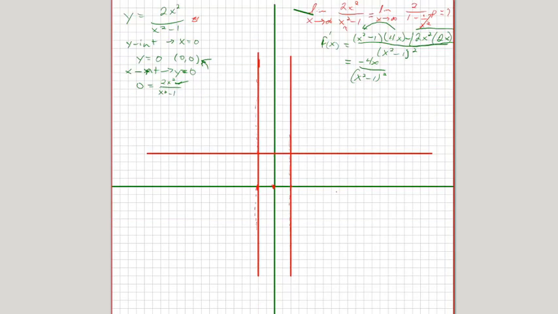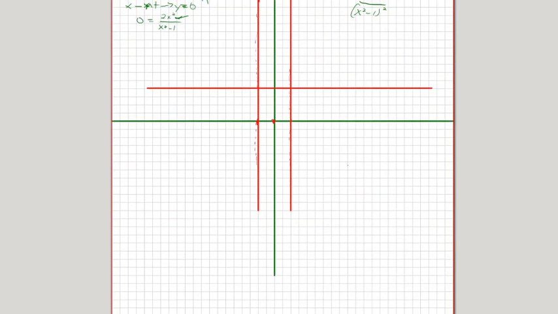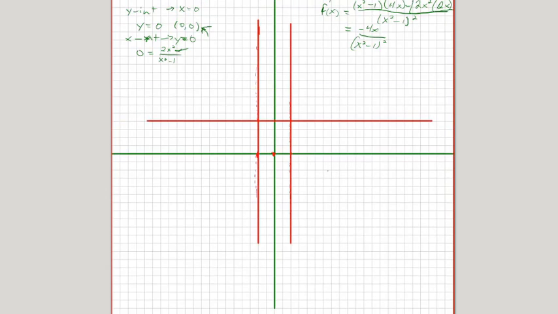Alright, let's look at the second derivative. I'm going to come down here and make some space. Hopefully I'm not interfering with where my graph is going to go. So again, let's quotient rule this.